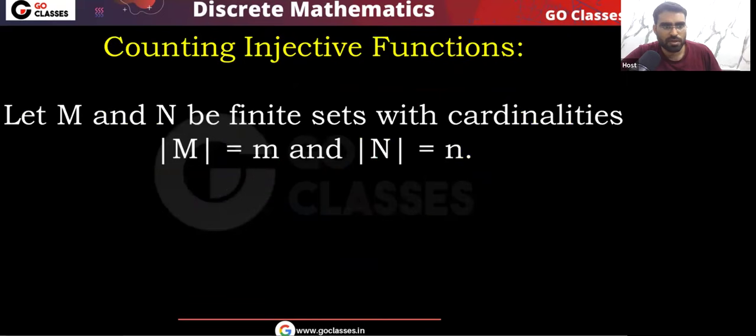Now, let's count the number of injective functions from m to n. I want the number of injective functions.